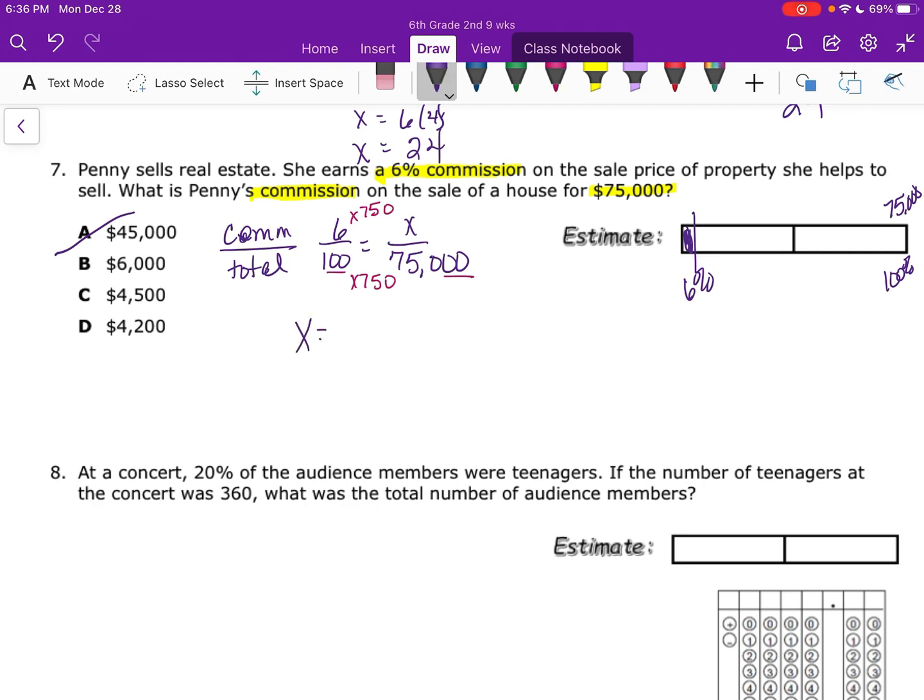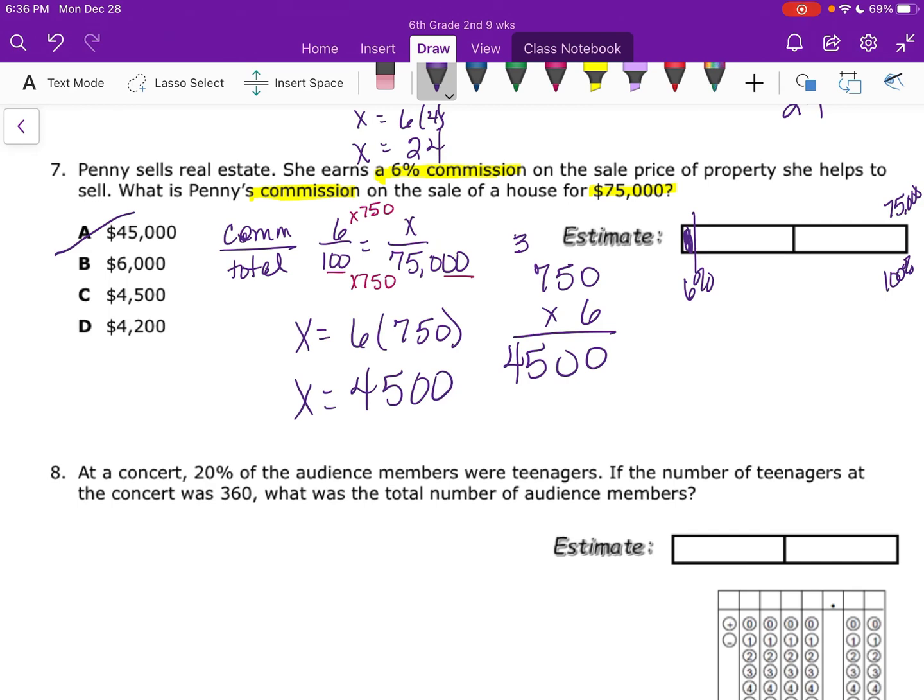So X is going to equal 6 times 750. And 42, 43, 44, 45. So X is 4,500.